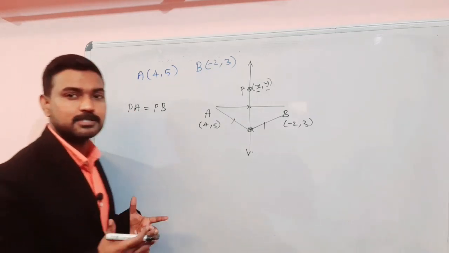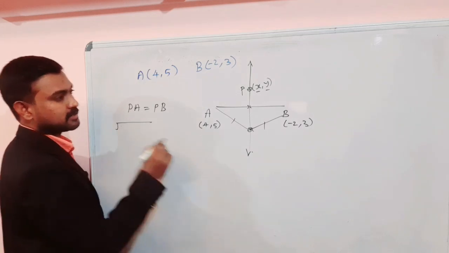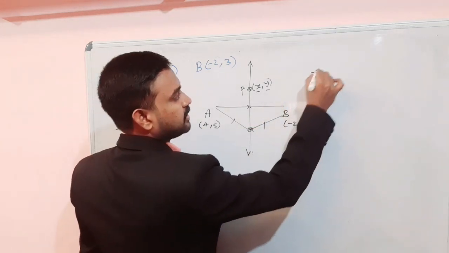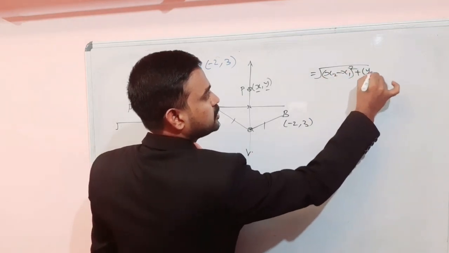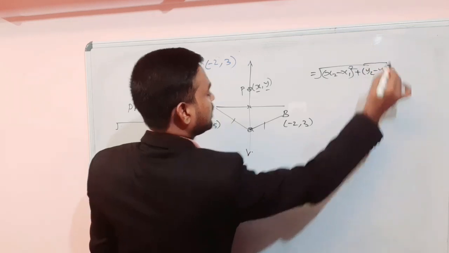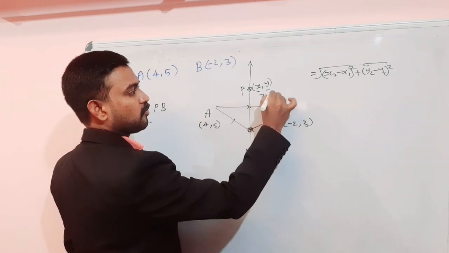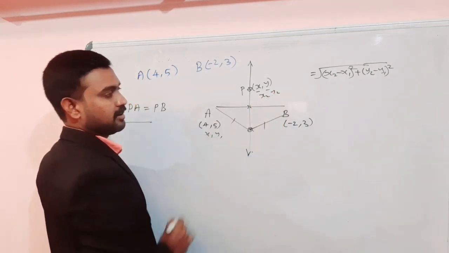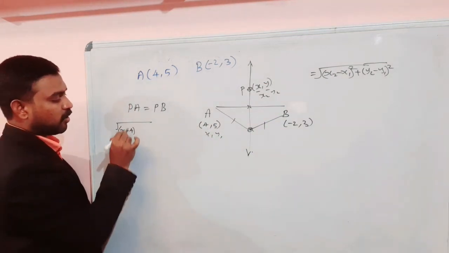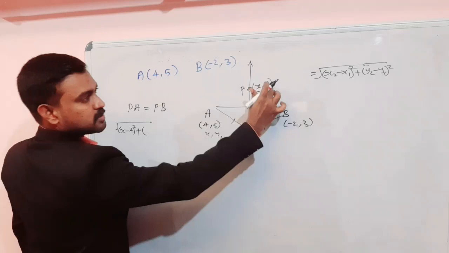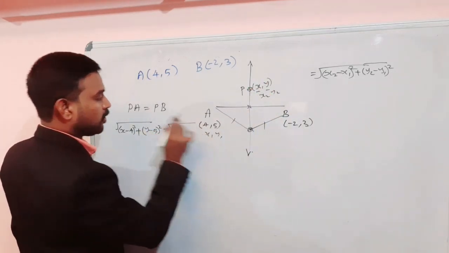How to find the distance between 2 points? We studied the distance formula: root of (x2 minus x1) square plus (y2 minus y1) square. Here for PA, this is x2, y2 and this is x1, y1. So we apply the values: root of (x minus 4) all square plus (y minus 5) all square is equal to root of PB.